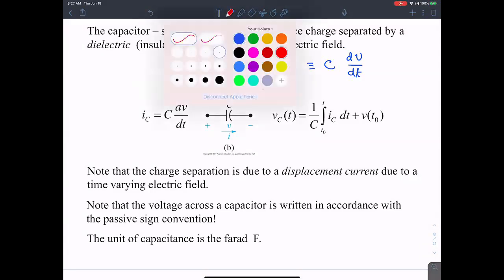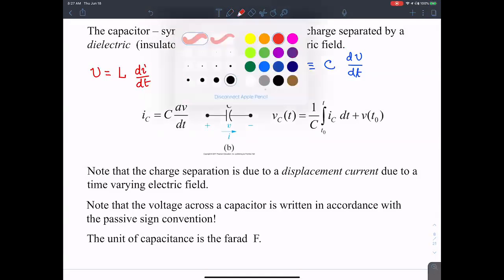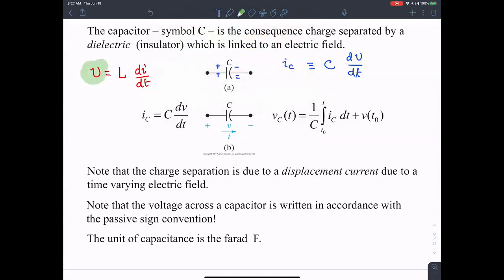Earlier in an inductance, the voltage across an inductance was L di by dt. The voltage set up across the terminals of an inductance was proportional to the rate of change of current that you apply.